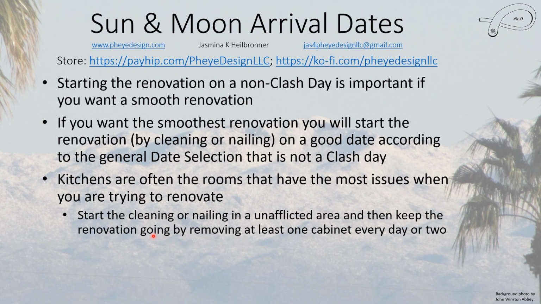First, you would start cleaning or doing the nailing in an unafflicted area of your house, and then you keep the renovation going by removing at least one cabinet every day or two from your kitchen. That is part of a renovation.